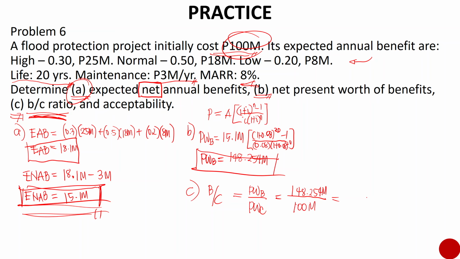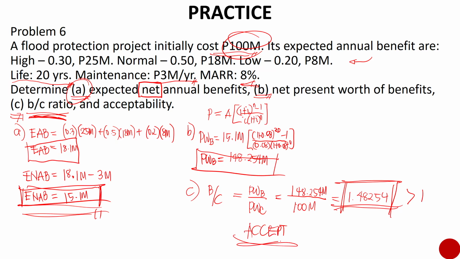Therefore, our benefit cost ratio is equal to 1.48254. And since this is greater than 1, it means that you're going to accept the project.